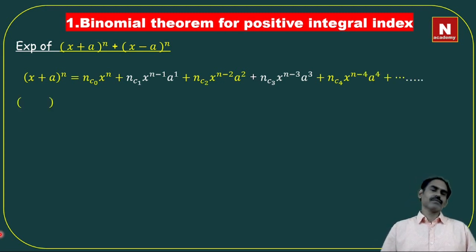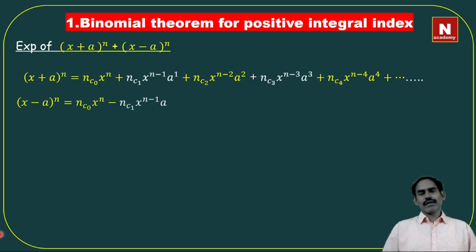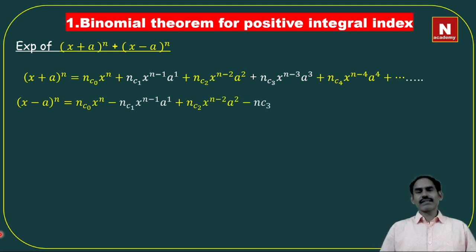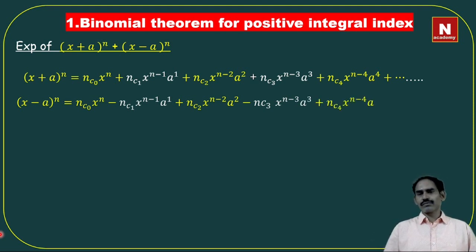Next we'll take the (x - a)^n expansion: nC0 x^n - nC1 x^(n-1) a^1 + nC2 x^(n-2) a^2 - nC3 x^(n-3) a^3 + nC4 x^(n-4) a^4 - and so on. Here we will get alternate signs.